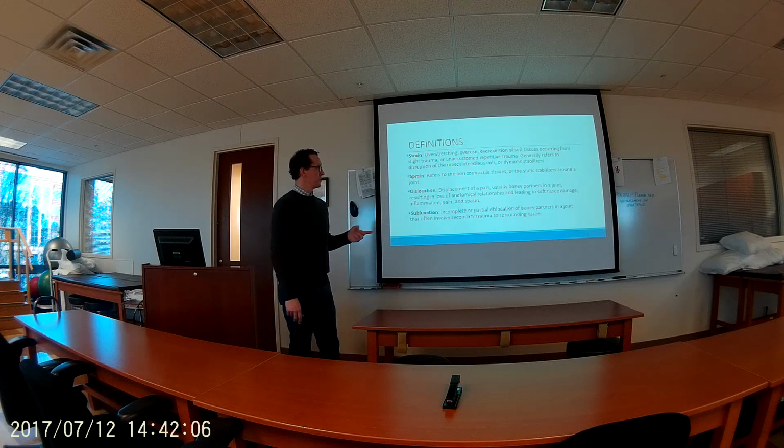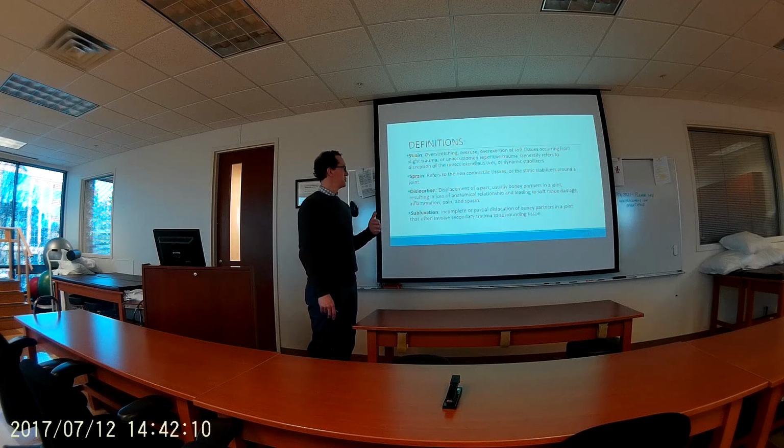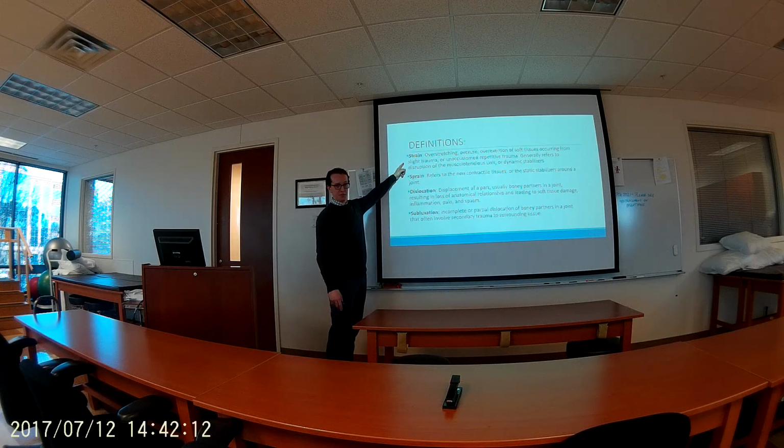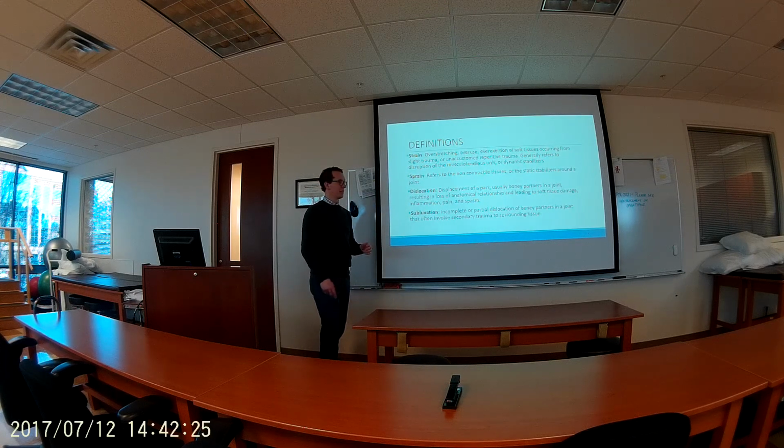A sprain refers to a non-contractile tissue or a static stabilizer around a joint. So we strain muscles, and we sprain ligaments. Again, we strain the dynamic stabilizers, the muscles that surround a joint, and we sprain the passive or static structures around a joint that allow some stability.